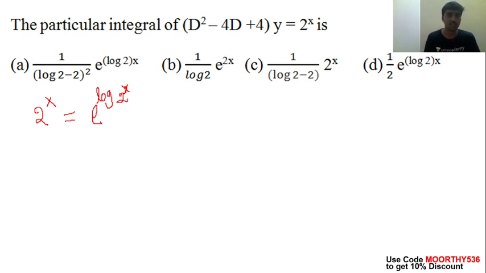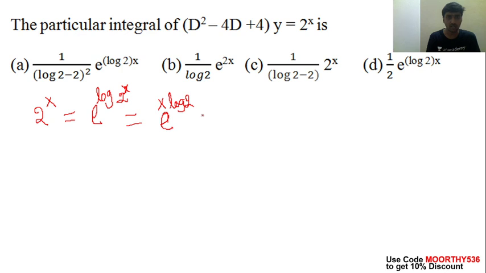Exponential and log cancel, the value does not change. Again, taking this x to the front as per the logarithmic procedure, it is e power x into log 2, the same value.